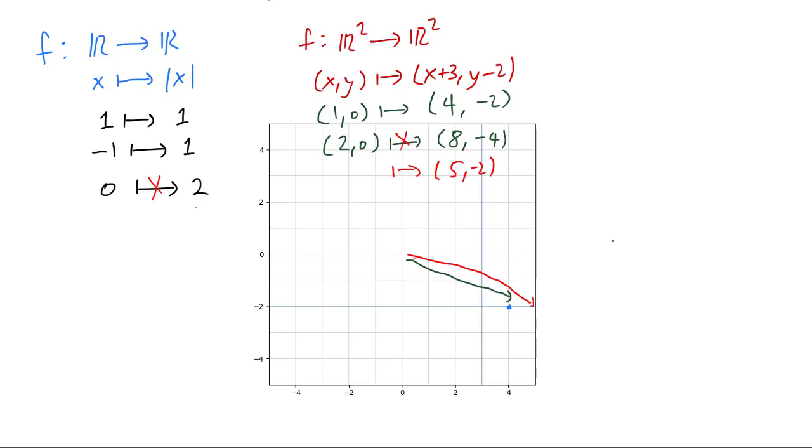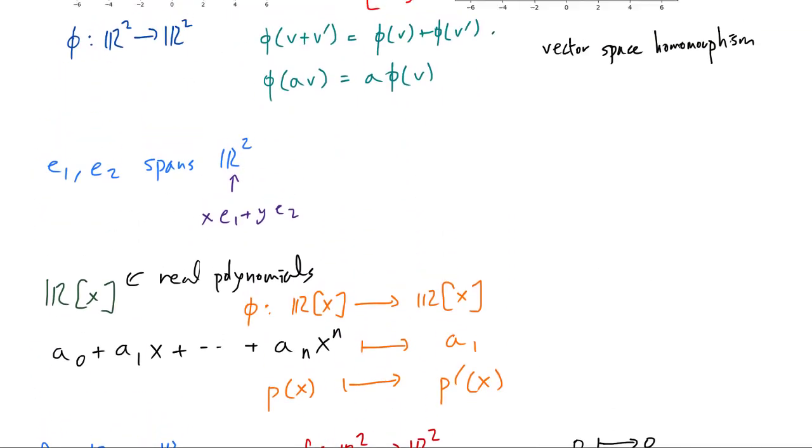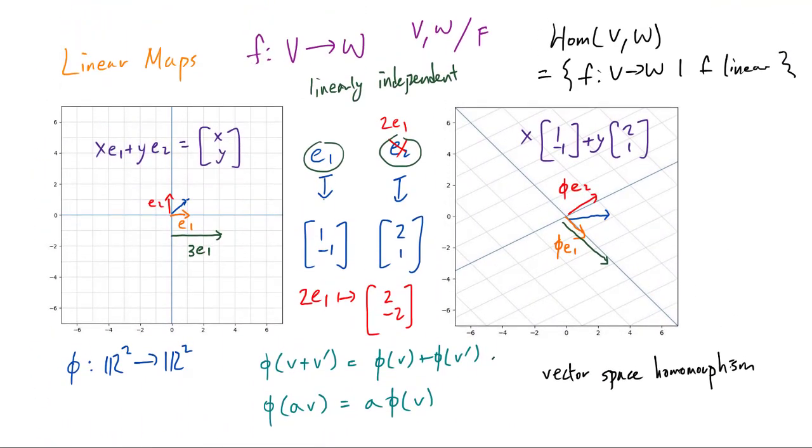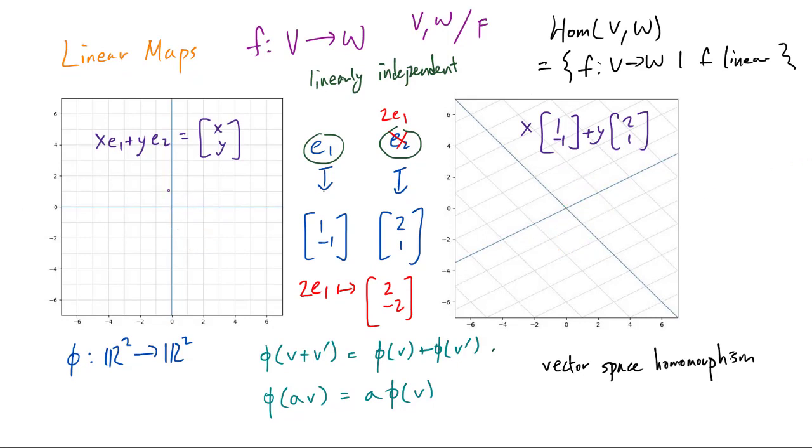And another way of seeing the problem here is that a linear map should really send the 0 vector to the 0 vector. And you may say, why is that the case? Well, to get some intuition over this, let us go back here. This is just for the sake of gaining intuition. If you have this vector, that vector is being sent to this vector. And when we shorten this to this vector, now we are being sent to here, just because we are going to respect the linearity.